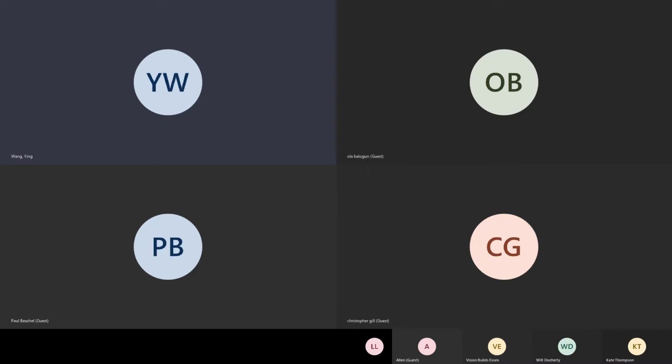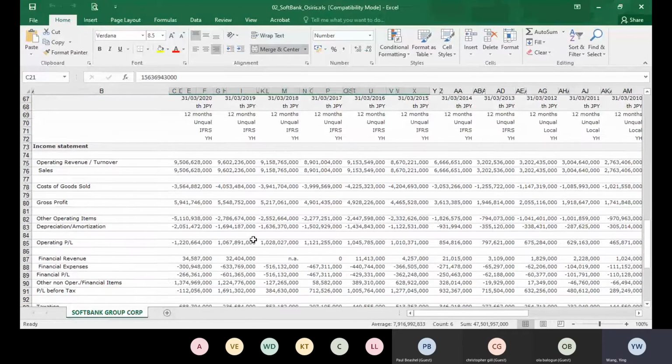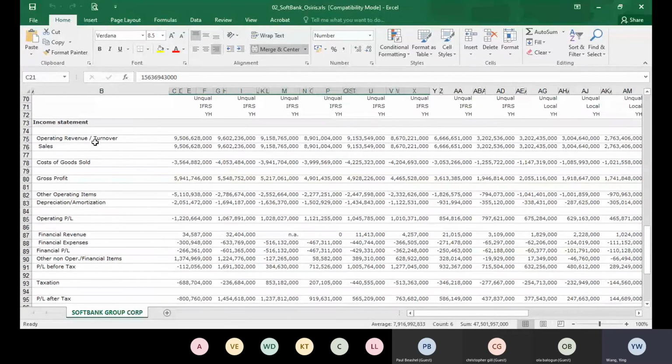Okay. Let me share here. So what we also have here is the profit and loss account. The income statement is the profit and loss account. So you can tell from the account that you have your revenue, total turnover, and total sales.